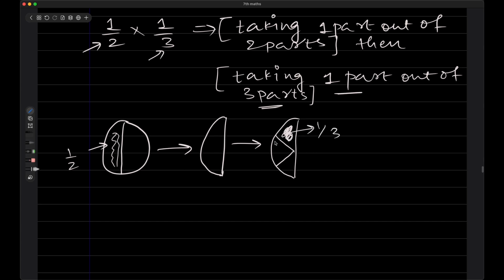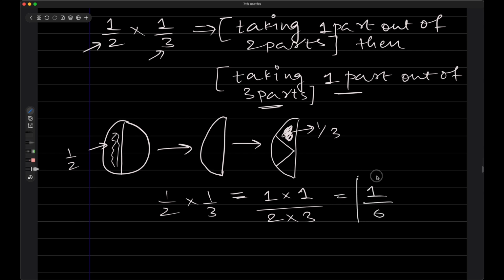So the product will be 1 by 2 into 1 by 3, that is equal to 1 into 1 divided by 2 into 3, that is equal to 1 divided by 6, and this will be the portion out of one circle.